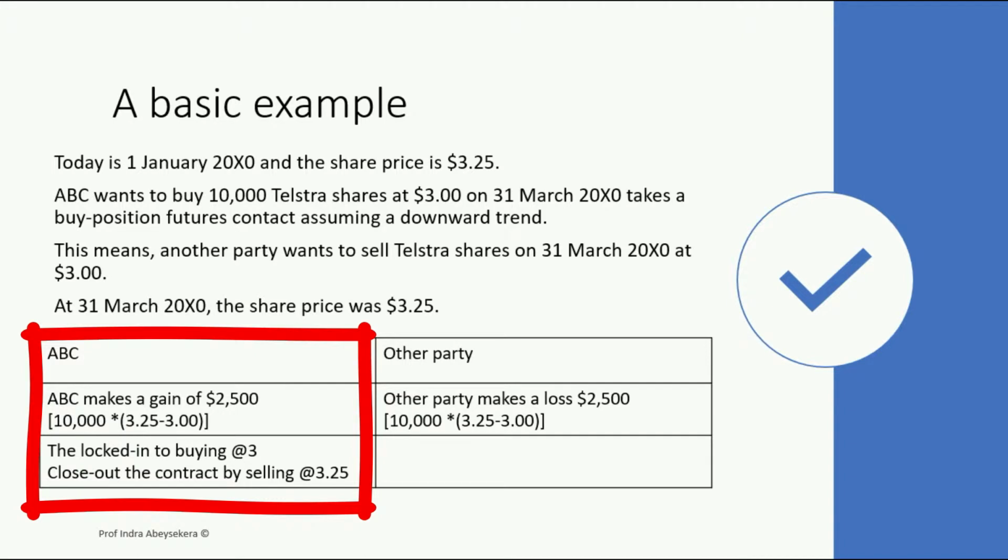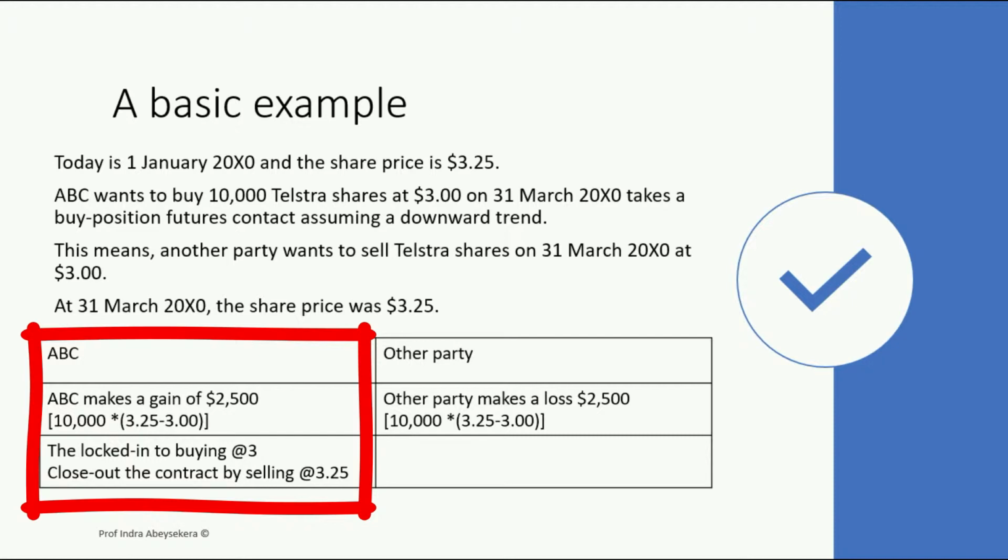Because the purpose of the futures contract is not to keep the shares, but to mitigate the risk, to manage the risk or the variation or the fluctuation in the hedge item.